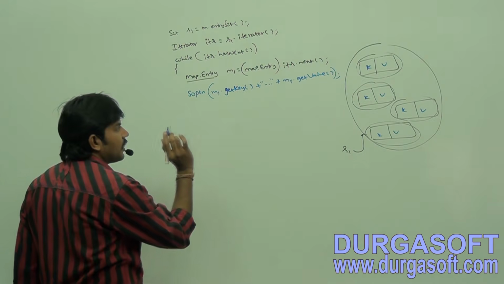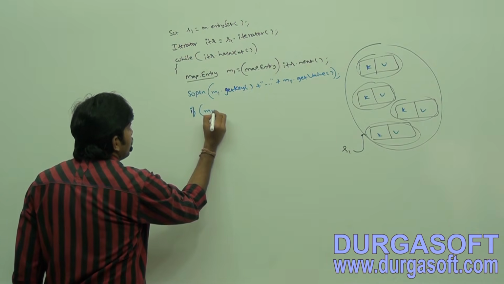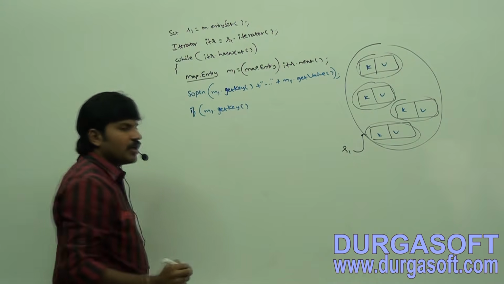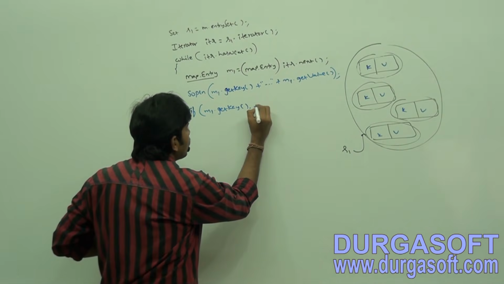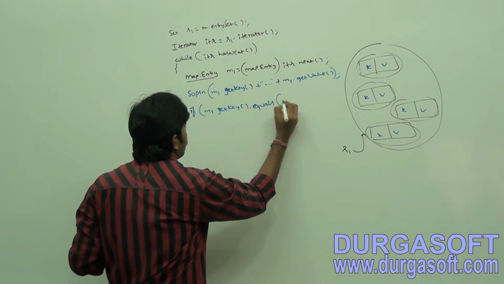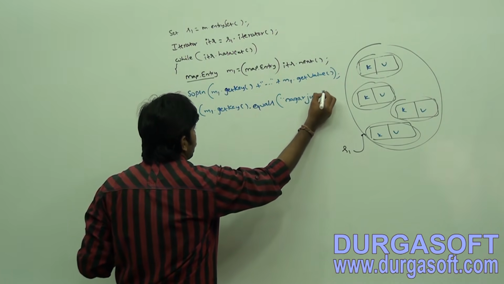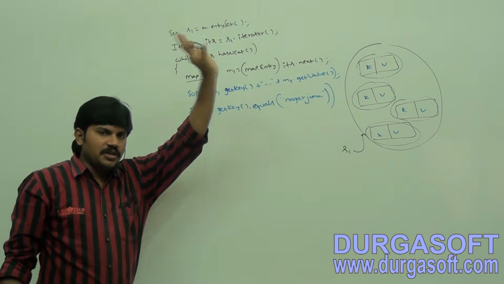Next, here the next point is very important. If m1.getKey().equals("Nagarjuna"), if the key is Nagarjuna, can you please change his value?